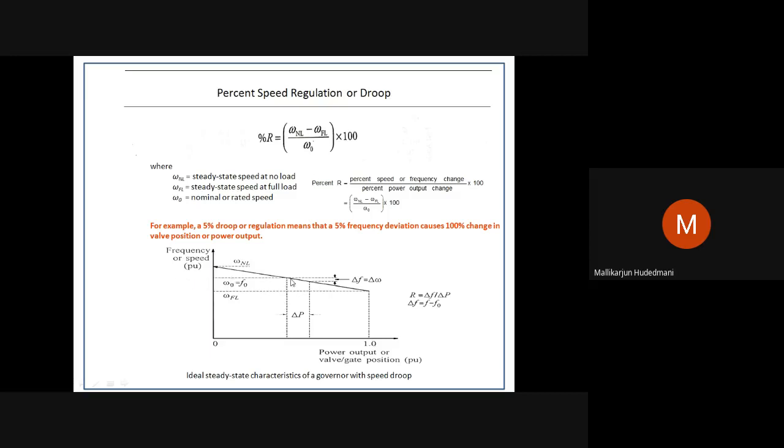What does 1 PU frequency mean? It is the frequency you have scheduled, that is your base frequency, say 50 or 60 in the American continent.